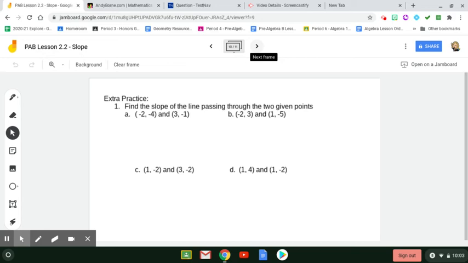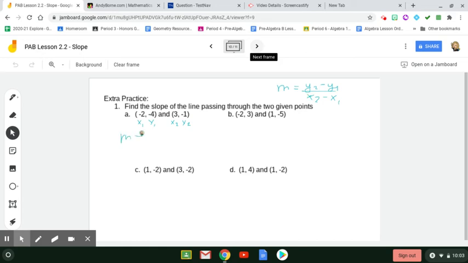So again, let's label our ordered pairs: x1, y1, x2, y2. And I'm going to write that formula: y sub 2 minus y sub 1 over x sub 2 minus x sub 1.